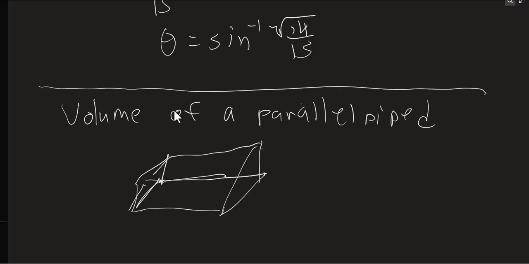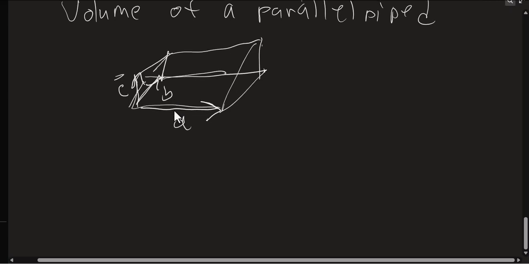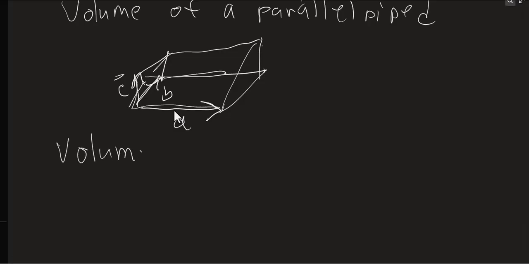So 3 dimensions, and I have a vector here A, and a vector here B, and a vector here C. And the volume of the parallelepiped is called the scalar triple product. So the volume is the dot product of A times the cross product of B times C.